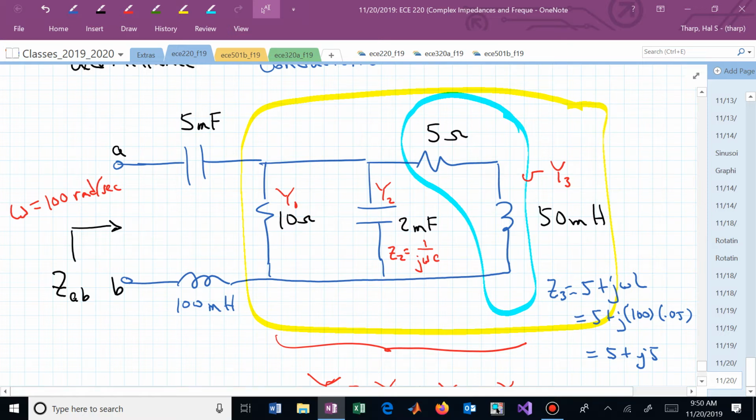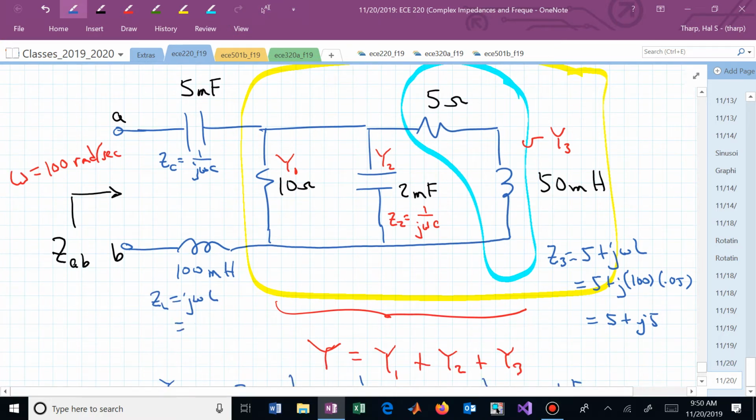What's this impedance here? That's 1 over J omega C. And this one, Z sub L, is J omega L. This is J100 times 0.1, or that's now J10.